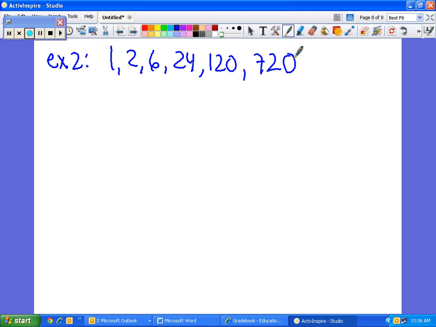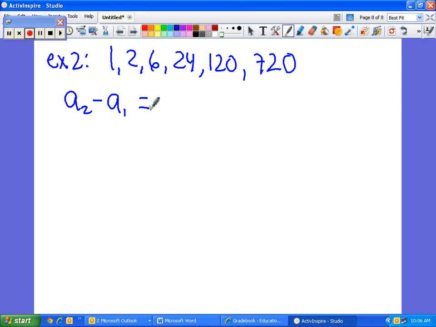Well, the way you can tell is you want to know, am I going to be multiplying or am I going to be adding? And the way that you're going to find that out is by seeing if you can get a pattern using subtraction. In other words, start off by doing a sub 2 minus a sub 1.